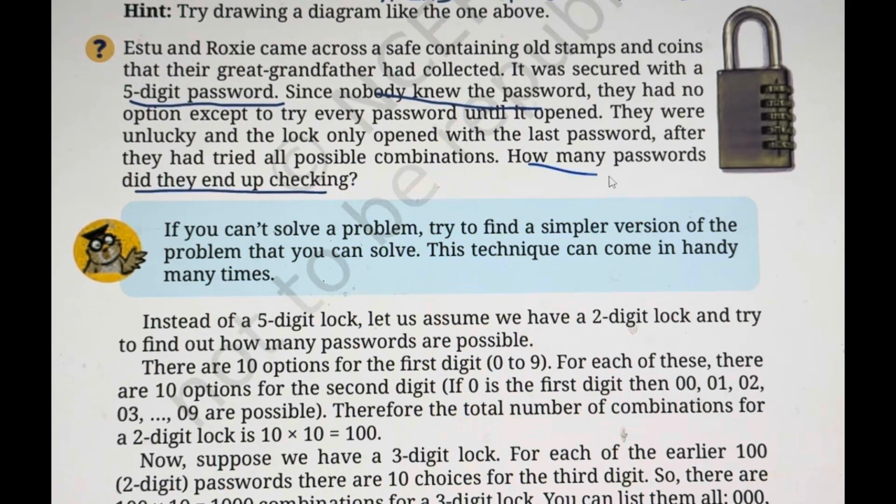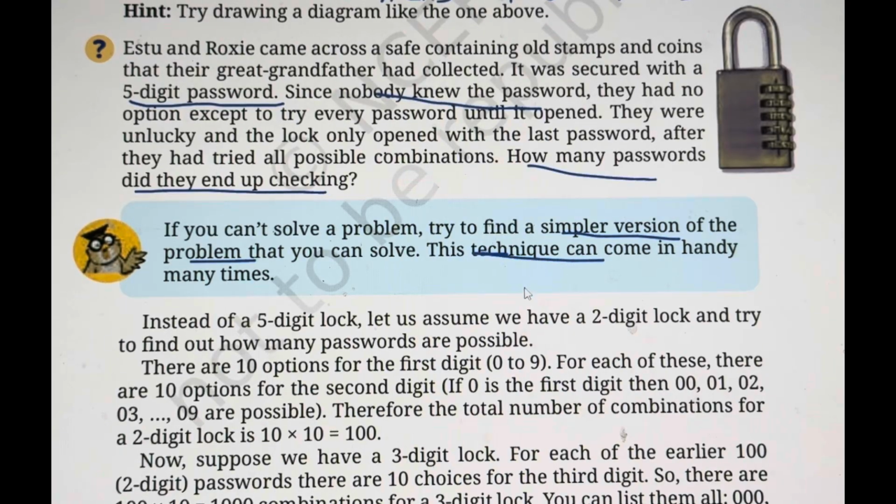Now, imagine it's a 5-digit password, meaning 5-digit numbers and all different combinations. So let us see what they would have tried. Understanding it with 5 digits will be a little difficult. What we need to do is make the problem a little simpler.